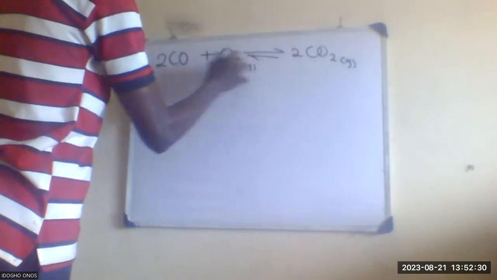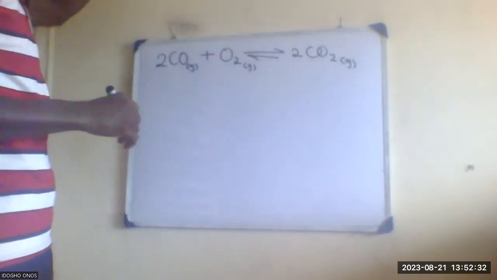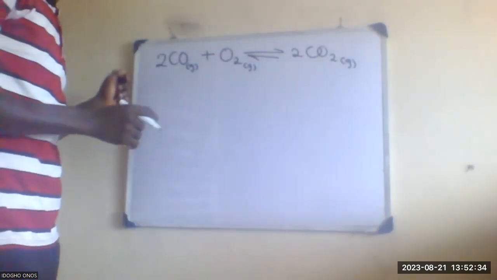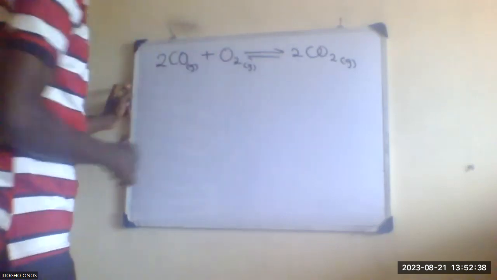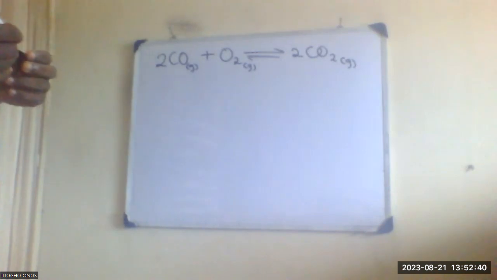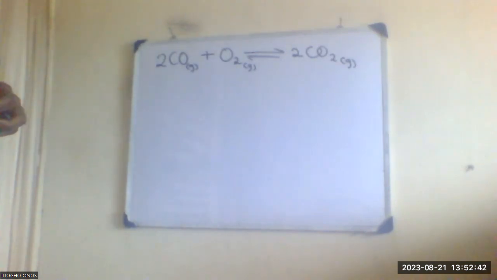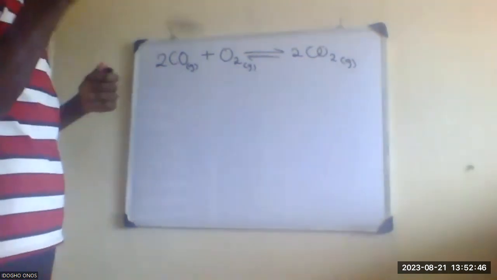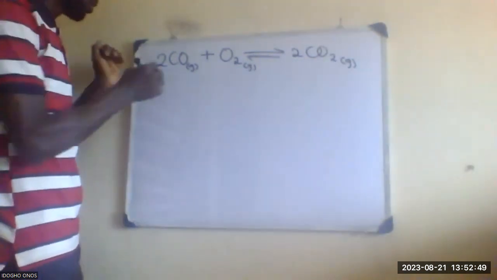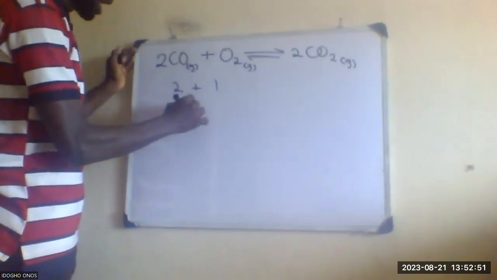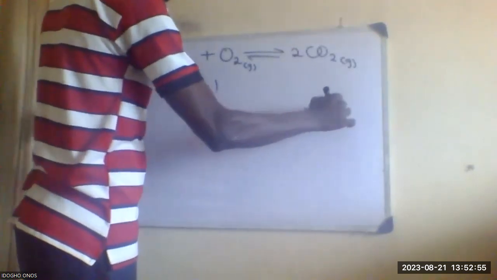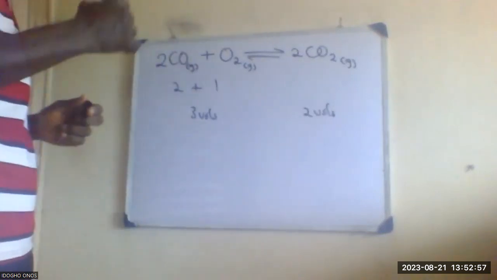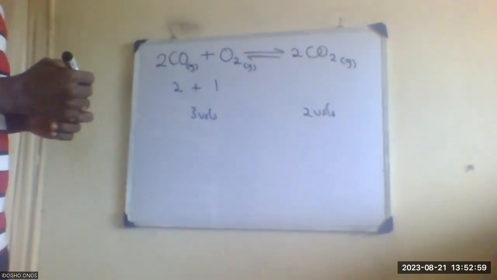Yes. Gas. So if I increase pressure, equilibrium position will shift to where? Right or left? Shift to right. This is 2 plus 1, that is 3 volumes, and this is 2 volumes. So once you increase pressure, it favors the side with a smaller volume.